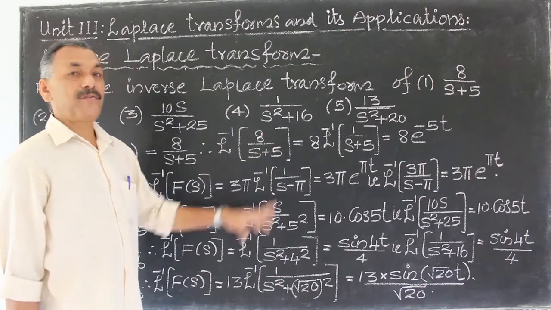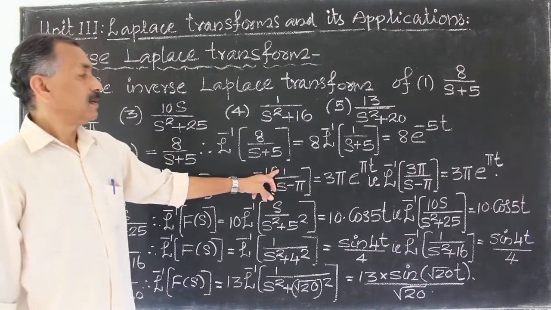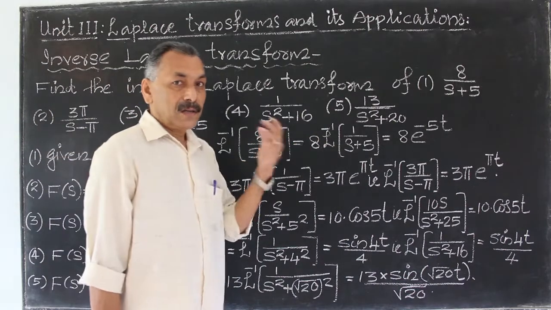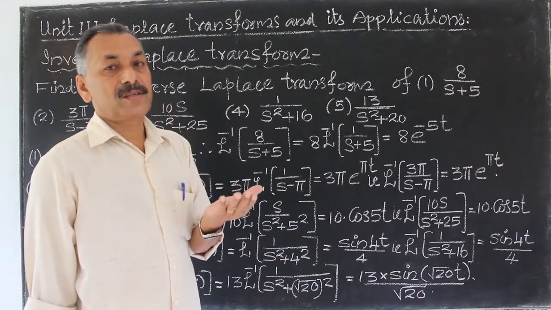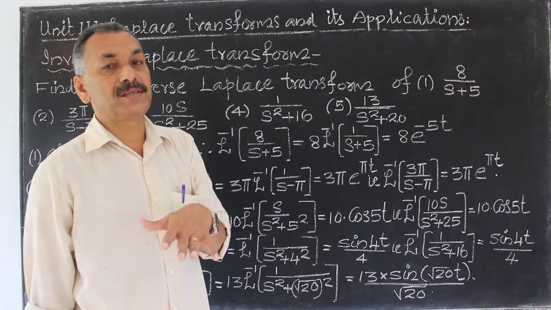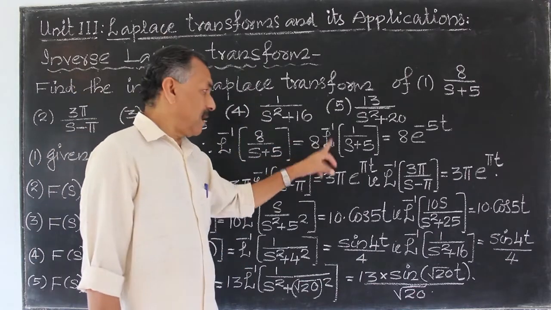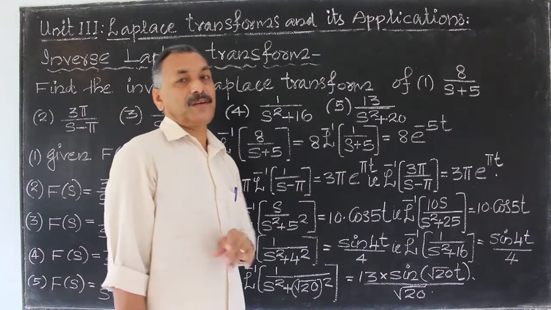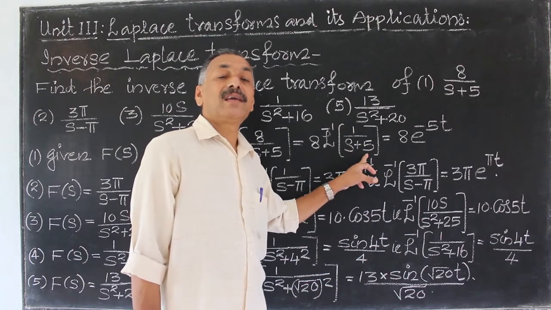L inverse of f of s is equal to L inverse of 8 divided by s plus 5. You can take the constant outside: L inverse of a constant into f of s is the constant times L inverse, that is 8 into L inverse of 1 divided by s plus 5. Then what is L inverse of 1 divided by s plus a?